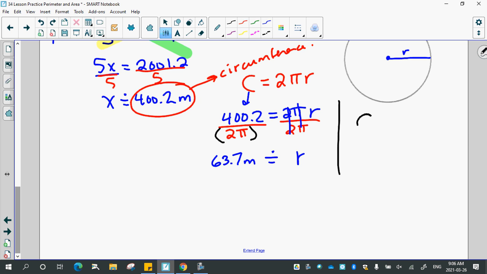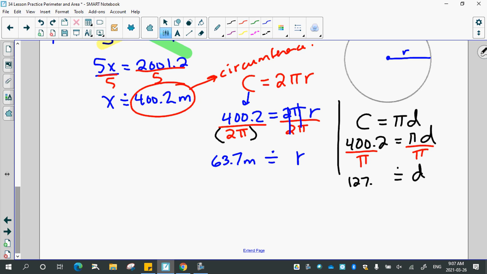Okay, alternatively, if we're more comfortable with the pi times diameter formula, the setup would be very similar, although we would just need to divide by pi. And we would get the diameter, and it would give us 127.4 meters.